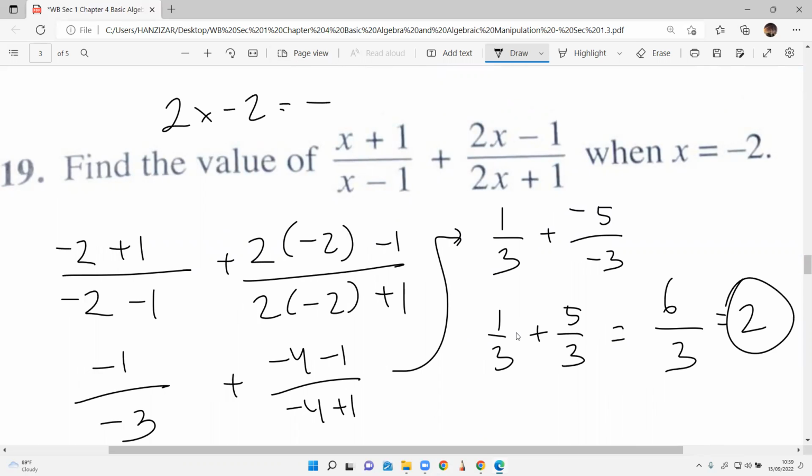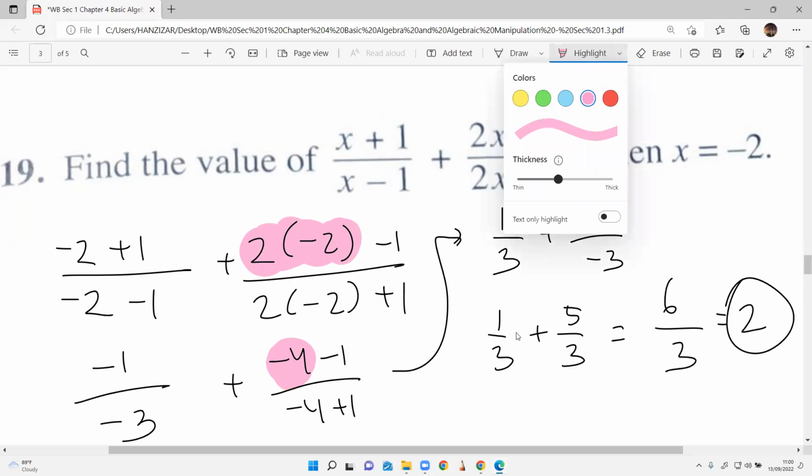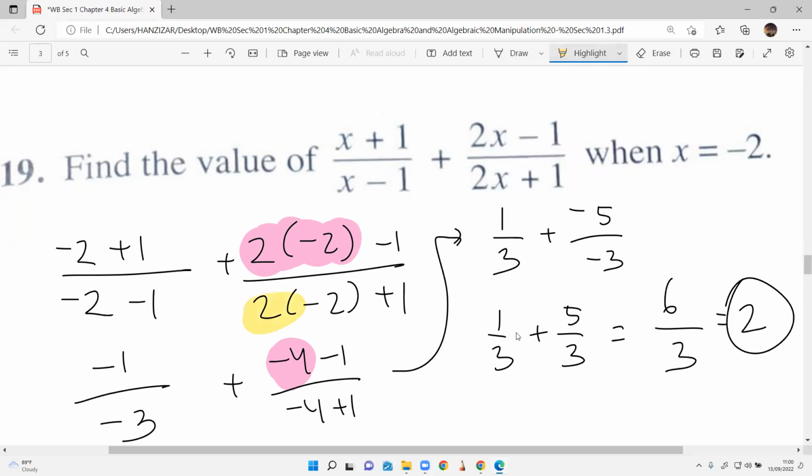Negative, but then you cross it out, right? Yeah, negative times negative. But because you have to cross it, right? Yeah. We just see if it's minus and minus, plus.